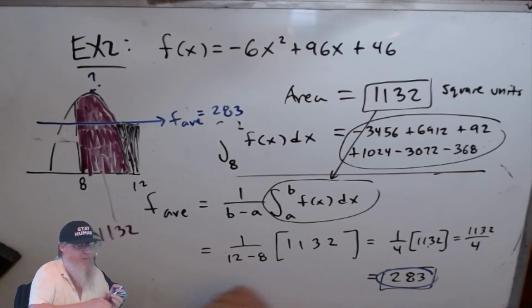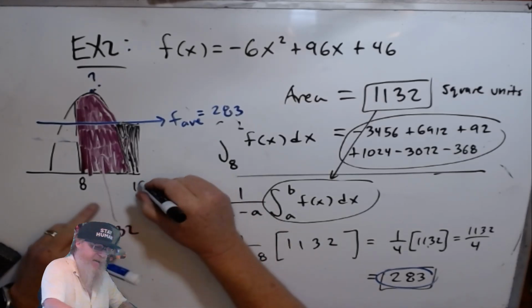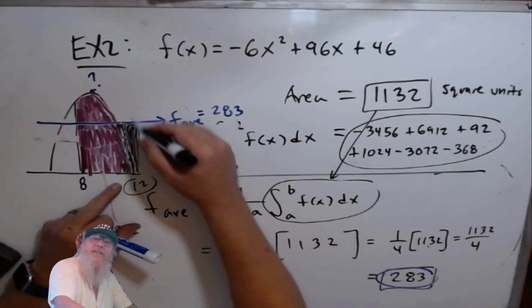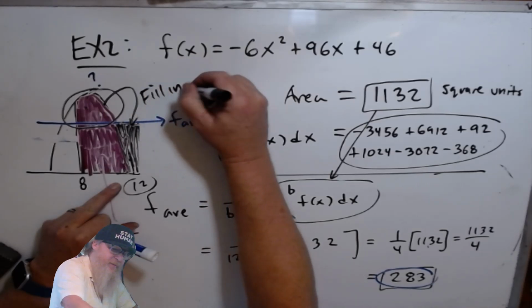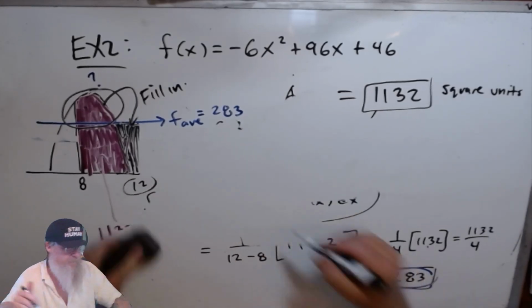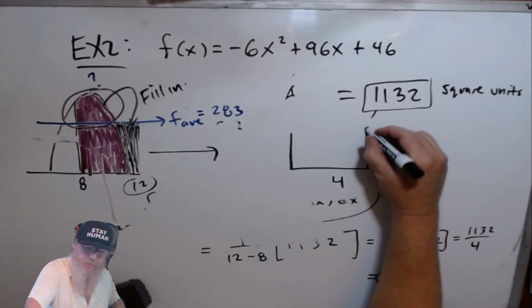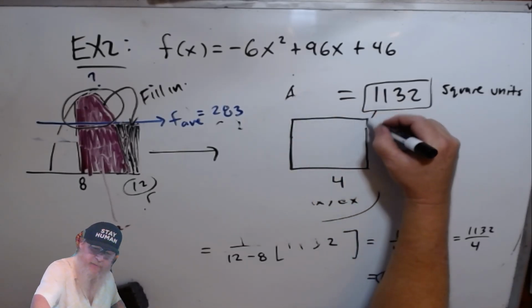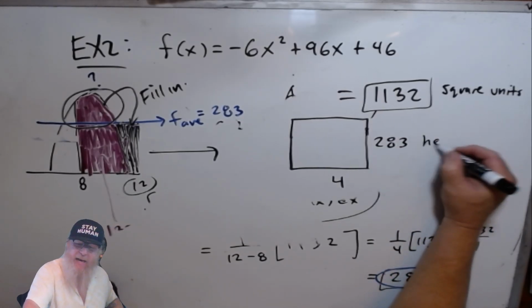It's slowing me down quite a bit because I'm just so OCD about it. I would fill in this missing spot with all of this. And I would have a rectangle that's 4 units wide, 283 units high.